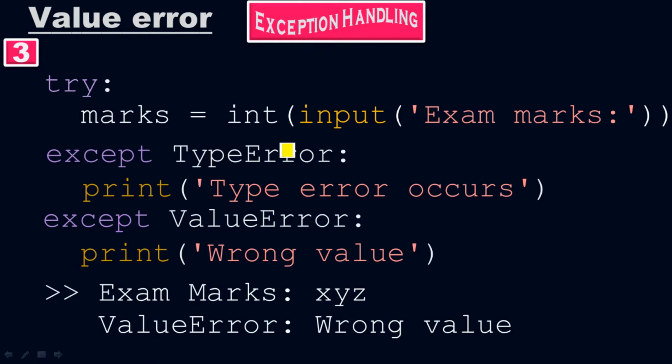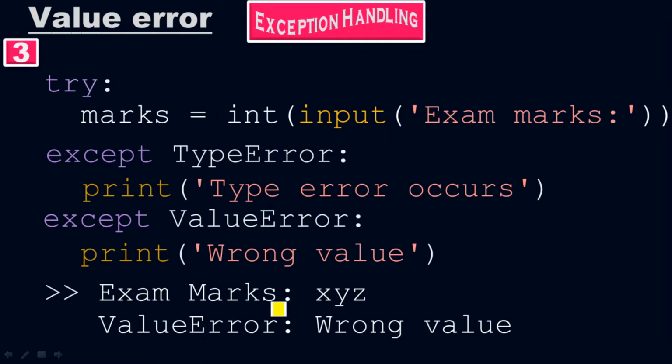Now when you run this program, your first line will be exam marks. It is because of this input function, exam marks. So when you randomly plug in XYZ and then press the enter button, you will get value error, wrong value. Look at here, what we mean by the value error. If you put something else other than the integer, look at here, it is integer.